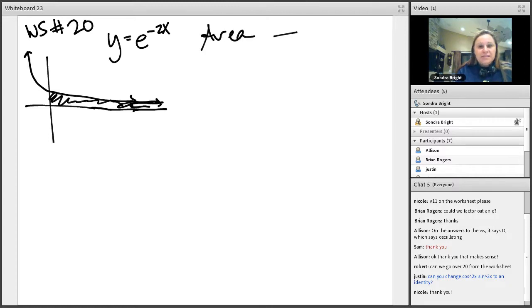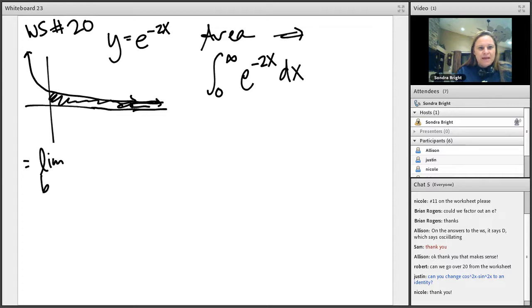So what they're asking you for is the integral from 0 to infinity, since they just said first quadrant, you can start it at 0, of e to the negative 2x. And that's an improper integral, so that means that it's equivalent to the limit as b goes to infinity of the integral from 0 to b of e to the negative 2x dx, which you can evaluate.